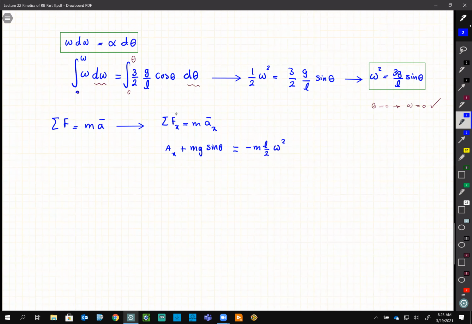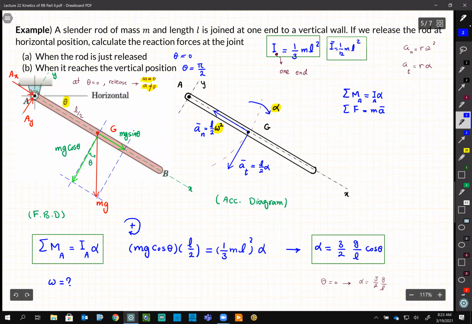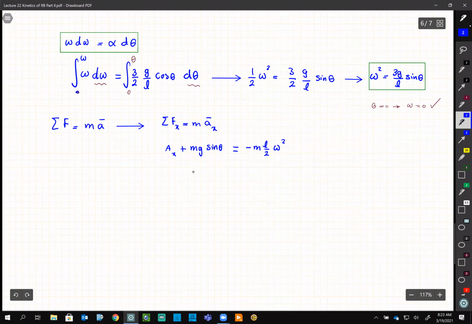This is all we have. All I did was write whatever we see here according to their direction. Nothing new, nothing unusual, right? Let's substitute omega squared there and simplify things a little bit.